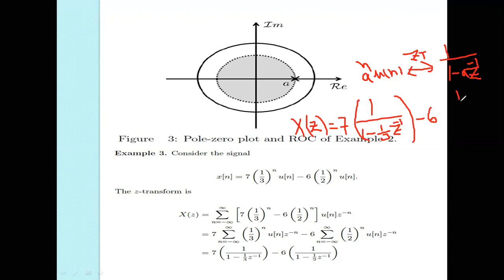What is the a here? 1 by 2. So 1 minus 1 by 2 z power minus 1.